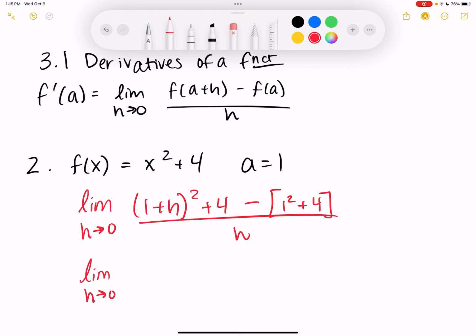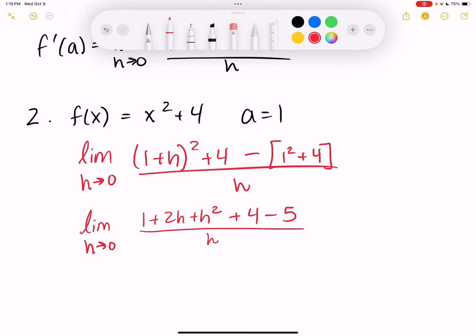So the limit as h approaches 0 of 1 plus 2h plus h squared plus 4 minus 5, all over h. So 1, 4, and negative 5 cancel.